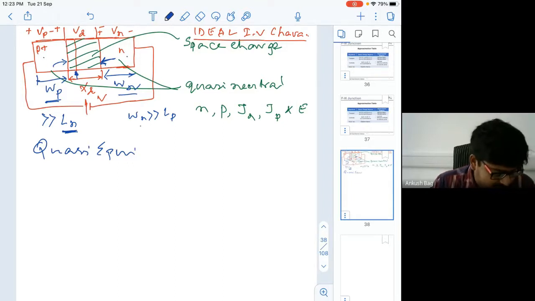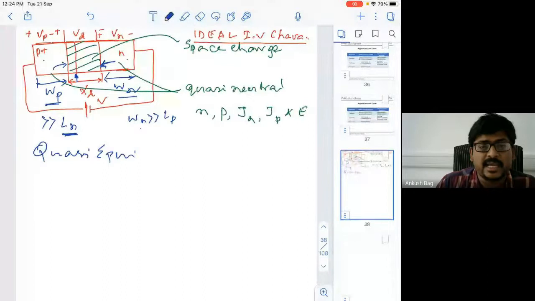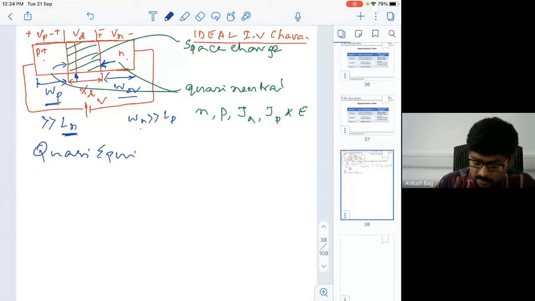So this voltage, whatever we are applying, this forward voltage, is not a very large voltage, because this quasi-equilibrium concept is applicable for our normal discussion. But if we discuss this diode behavior, let's say at very high bias condition, high voltage condition, then this assumption may not be correct. So at that time this discussion may be completely different at high bias.